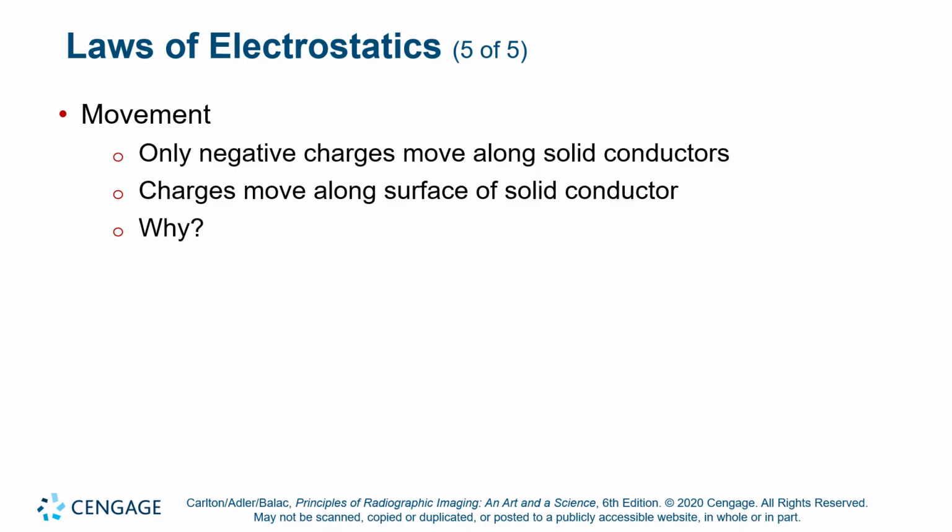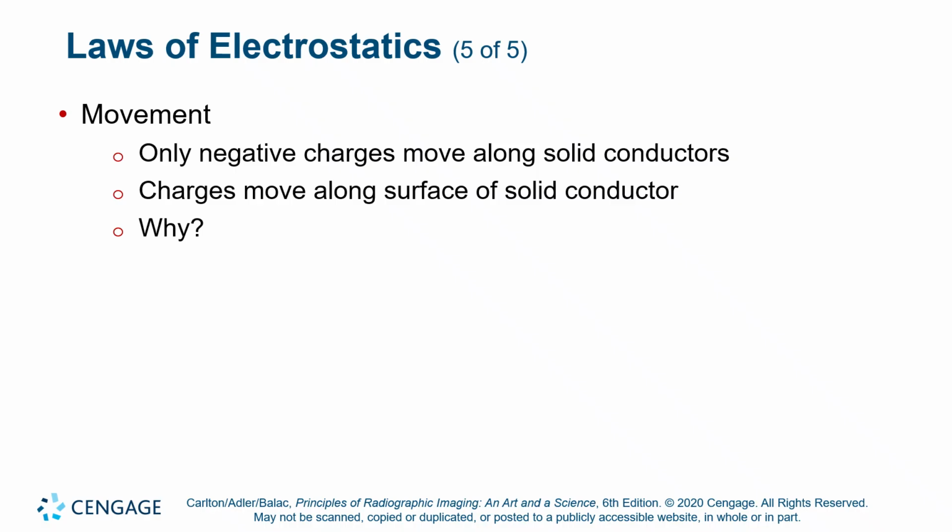But why do these things happen? Why do only the negative charges move along solid conductors? Well, that's Newton's second law of motion. We see the smaller object accelerate when a force is applied. Charges move along the surface of a solid conductor. That's rule number one: like charges repel.